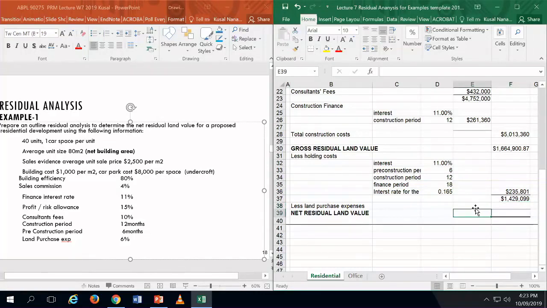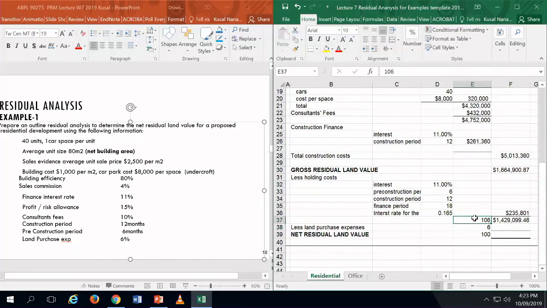So land cost is 100, land purchase expenses are 6%, and this is 106. Clear? So how do you calculate the land purchase expenses? This divided by 106 multiplied by 6. 80,902.